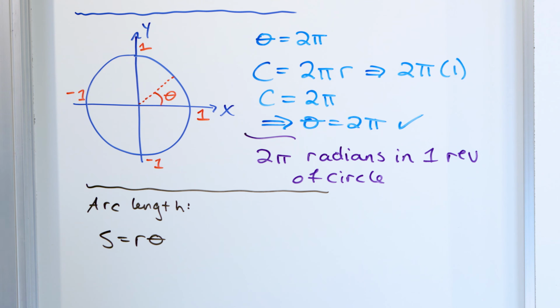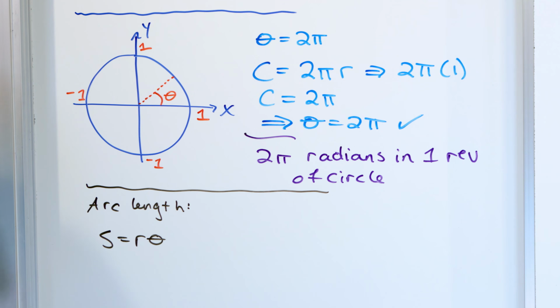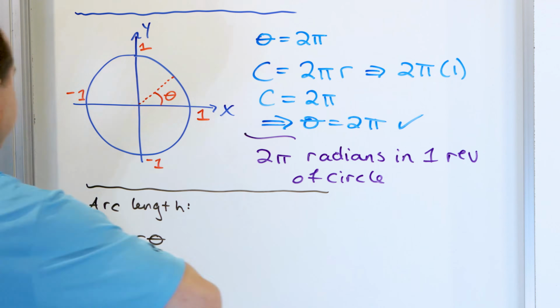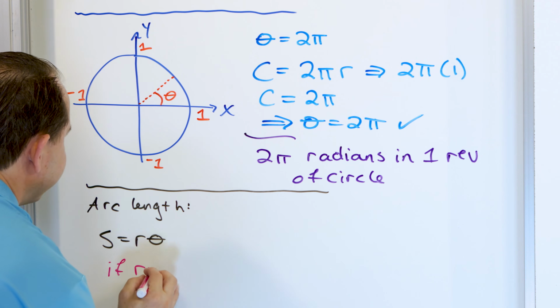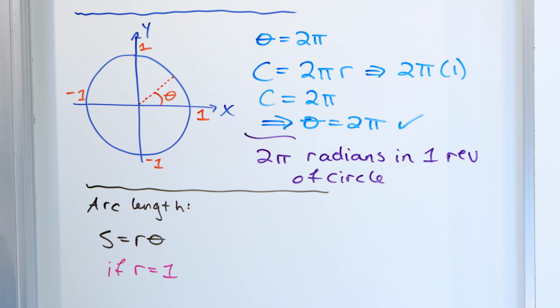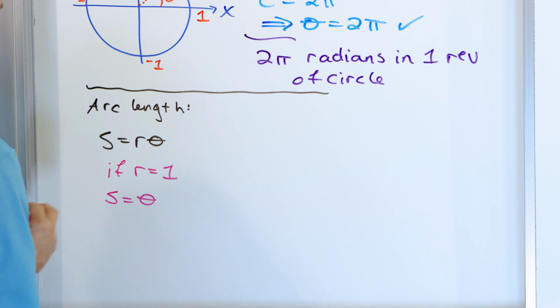Now let's ask ourselves, does this make sense? Does this equation match what we already know about the circumference of a circle and the definition of a radian and all that stuff? So then we ask ourselves, okay, what if the radius of the circle becomes 1? Then 1 goes in here, and the arc length is just going to be equal to however many radians we walk around the outside.